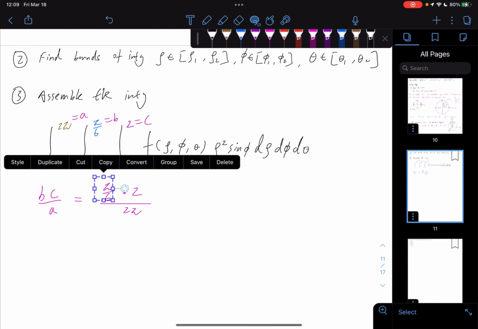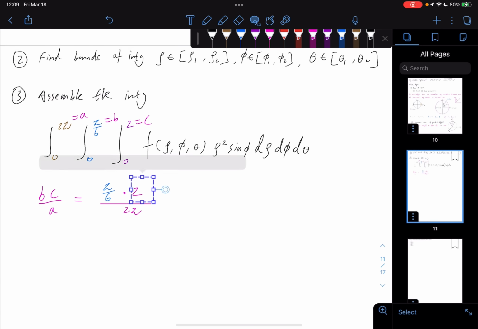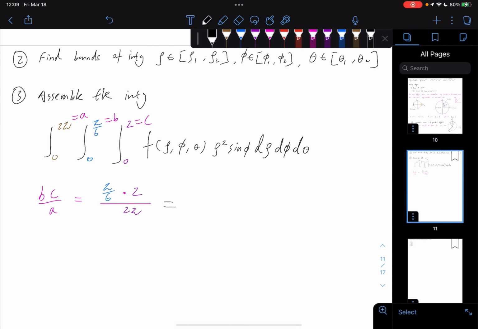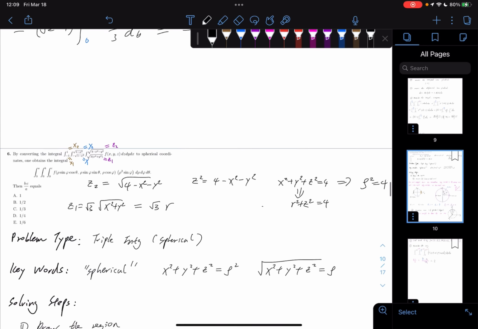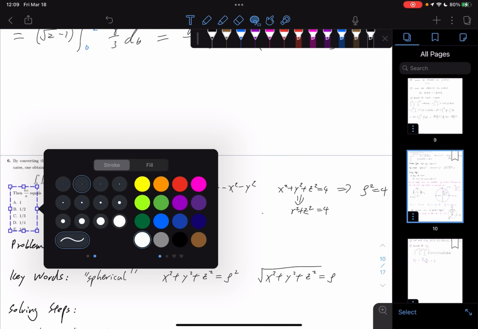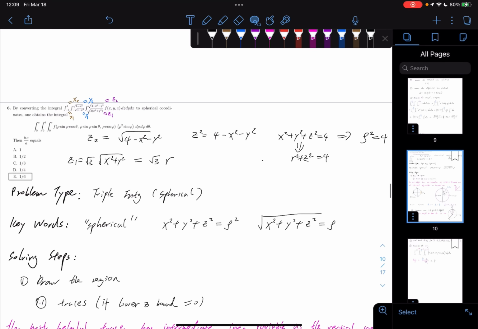Let me color code that as well. Let's cancel this, cancel that, and that's just 1 over 6. Yep, that is the correct answer, which is answer E. And there you have problem 6.